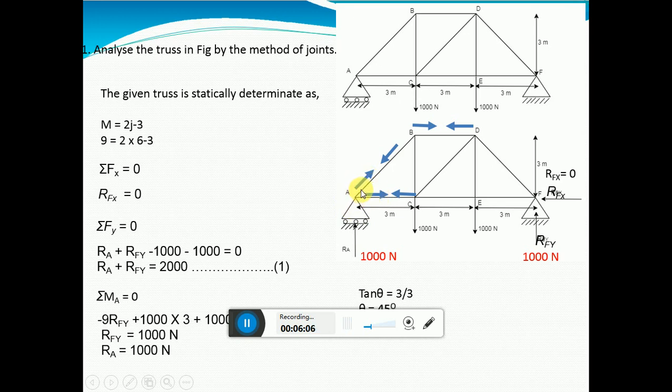Here there are only two, FAB and FAC. We have already found out RA. It's better to go for joint A compared to joint B or joint C or any other joint. In F also it is fewer, only 1 or 2 unknowns, because these you have already found out. So after finding out, I have put it here. Now take this joint A.